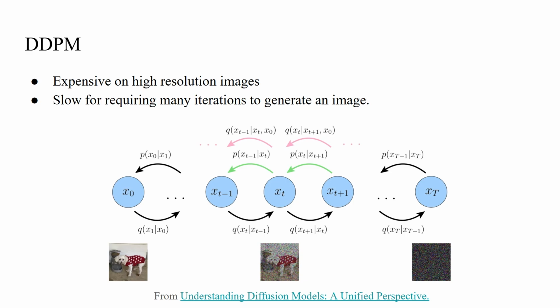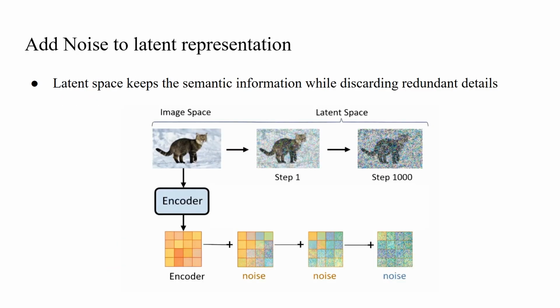This motivates the idea of latent diffusion model. Instead of adding noise directly to the original image, we can add noise to a latent representation. The key idea is that latent space keeps the important semantic information while discarding redundant pixel-level details.